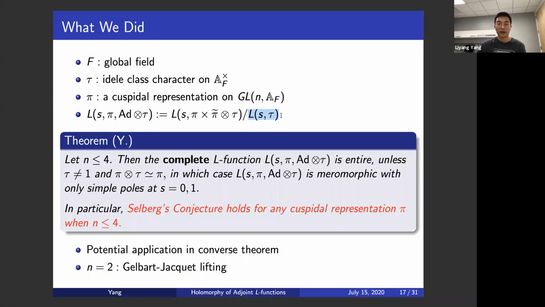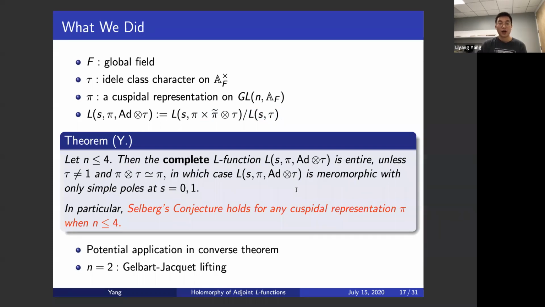For example, when tau is non-trivial, but pi is a tau twist. In that case, the denominator is holomorphic, but the numerator would have a simple pole. That's the exceptional reason. So in particular, the Selberg conjecture would hold for any cuspidal representation on GL3 and GL4.